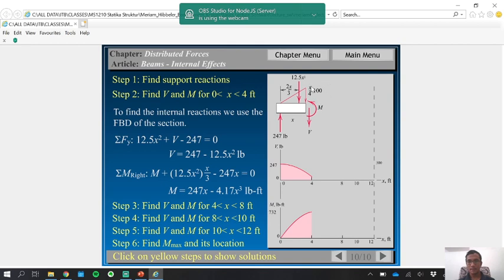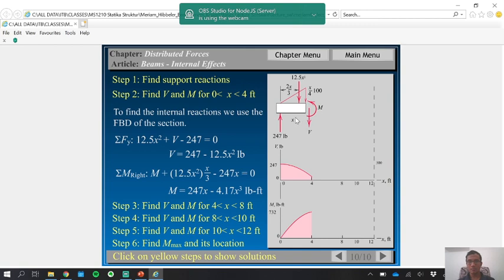So this is the distributed force at the right edge. Then the distance of the represented concentrated force will be 2x per 3. Now, to find the represented concentrated force, we have to find the area under the curve. The distance from the left edge to the cut is x.